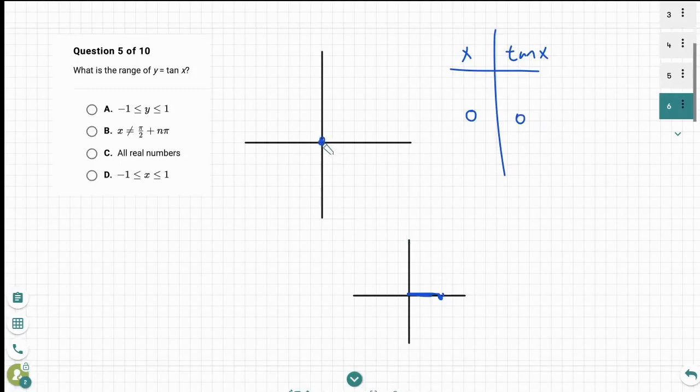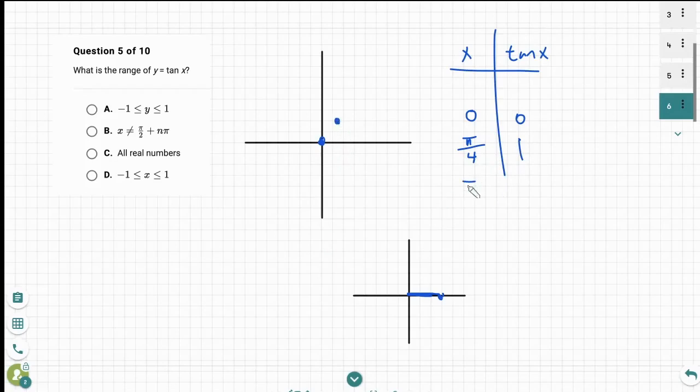Let's do pi over 4. What's the tangent of pi over 4? I think that should be 1. Yeah. A 45, 45, 90 triangle has opposite and adjacent both 1. Okay, so we can mark that here.